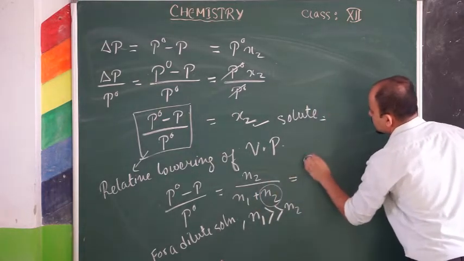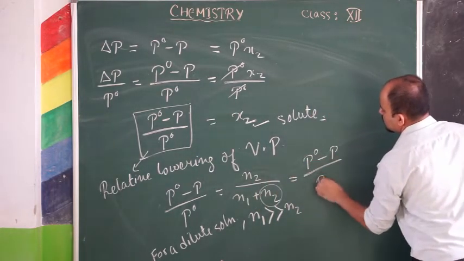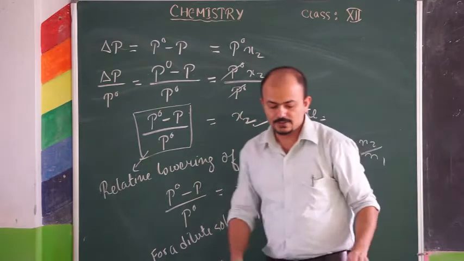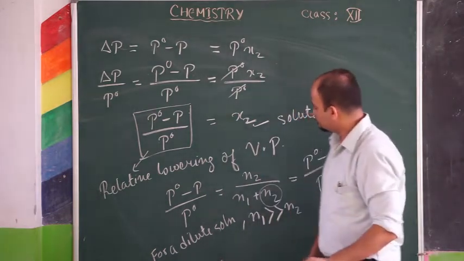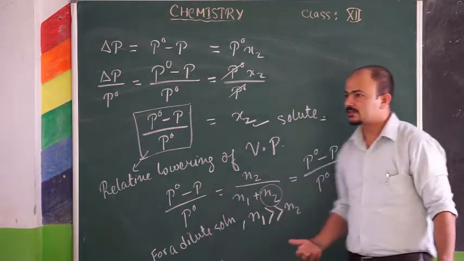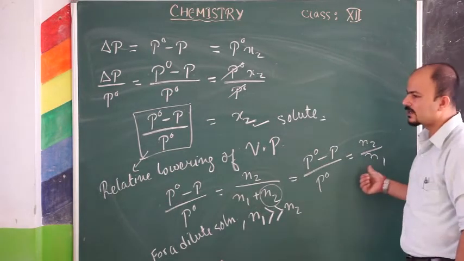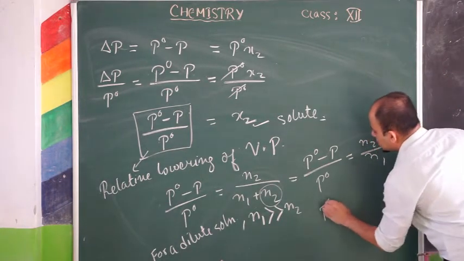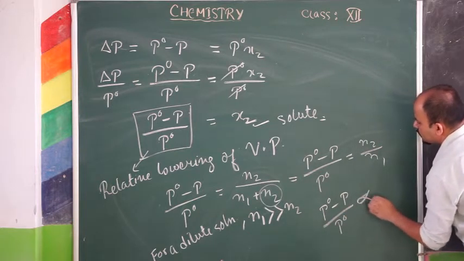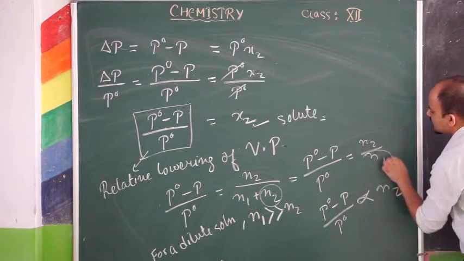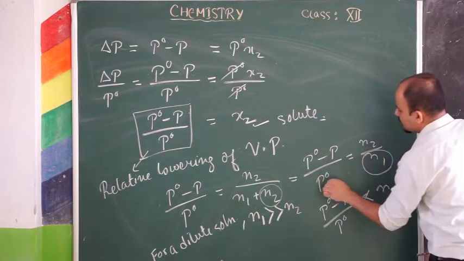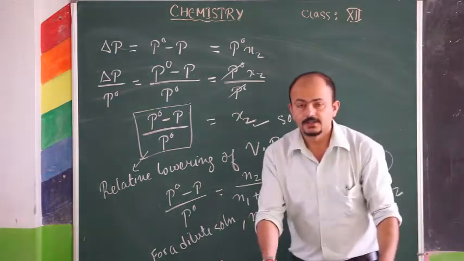Therefore, this expression can also be written as (P0 minus P) by P0 equals N2 by N1. Okay? Now, for a definite volume of a solvent, P0 is known and N1 is known. Therefore, this (P0 minus P) by P0 is again directly proportional to N2, because for a definite volume of a known solvent, N1 and P0 are known quantities.